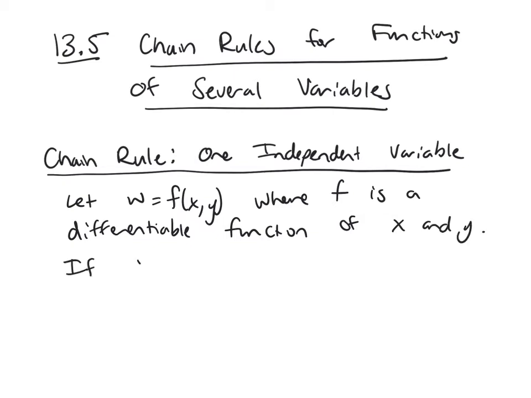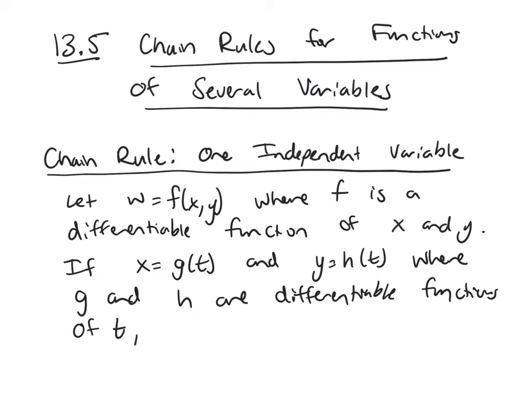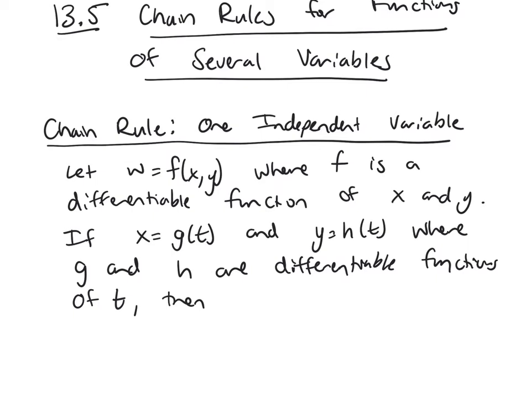If x is equal to g of t and y equals h of t, where g and h are differentiable functions of t, then, so w is a function of x and y, but x and y are both functions of t, so w is really a function of t.